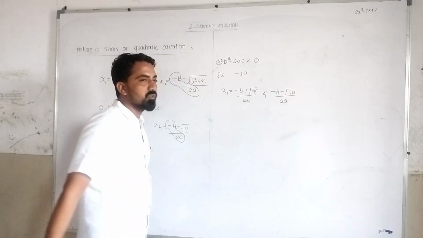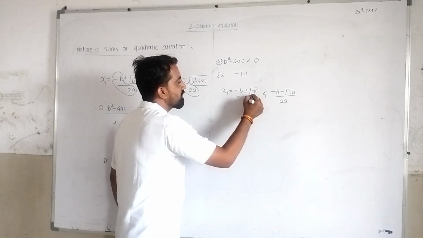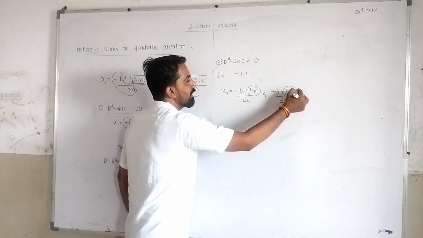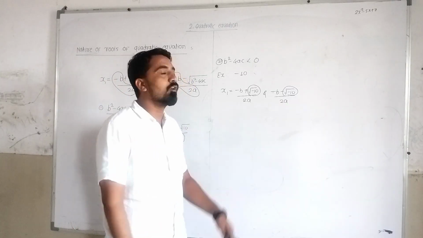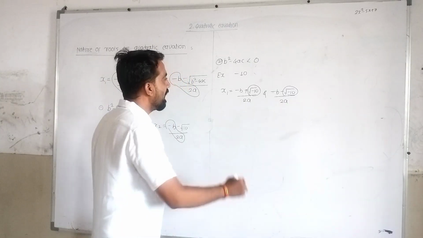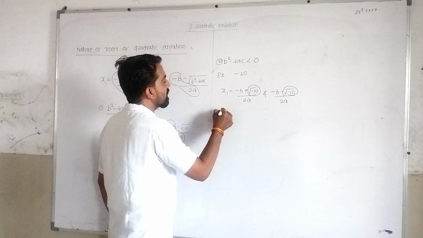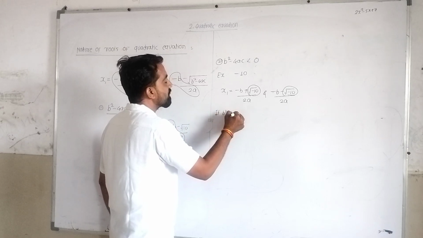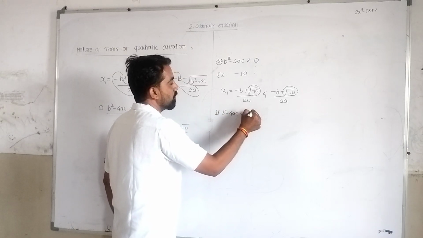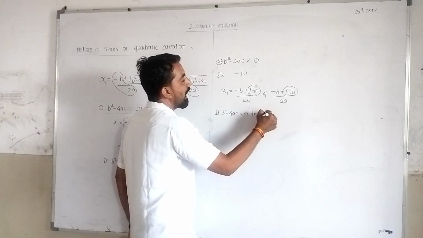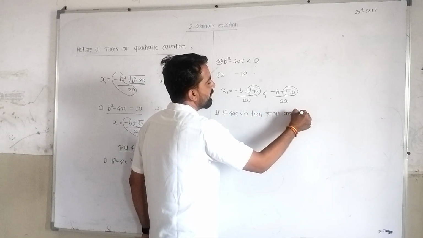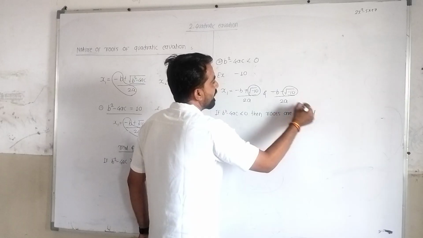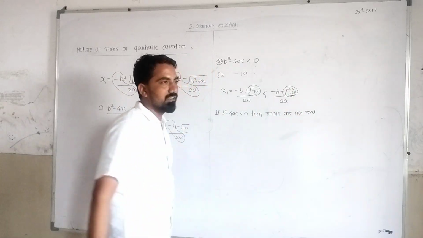In 9th standard we have seen that if a negative sign is present inside the radical sign, the roots are not real, or these numbers are called imaginary numbers. So if b square minus 4ac is less than 0, then the roots are not real, because a negative sign is present inside the radical sign.